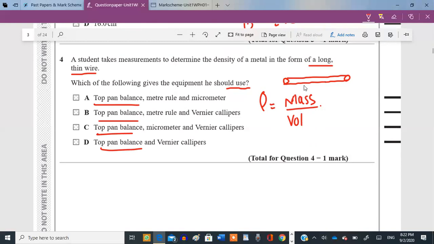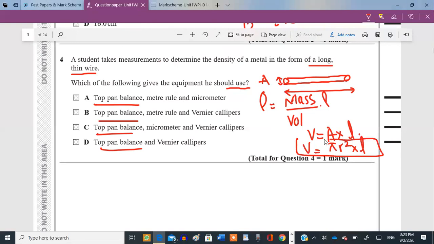Now for the volume, we need the cross-sectional area and the length of the wire, because cross-sectional area multiplied by the length will give us the volume, right? Now, what's the formula for cross-sectional area? It's pi r squared, the area of the circle, and when you multiply it with the length, you'll get the volume.